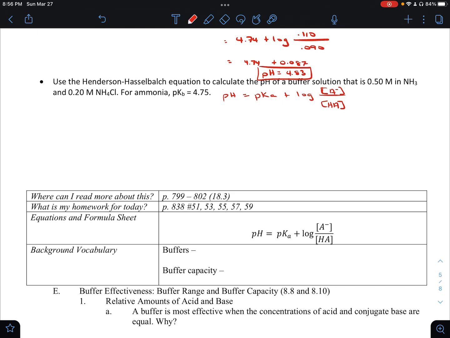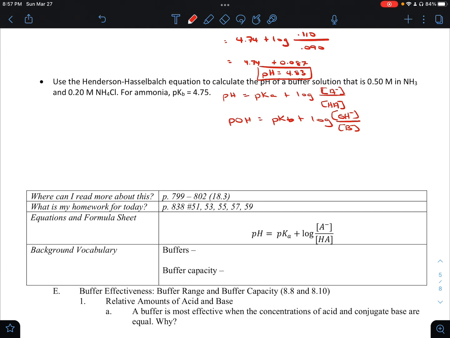We're going to have pOH equals the pKb plus the log, can anybody guess? OH minus, yep, over our concentration of just B. So it's very, very simple. And then from pOH we can get to pH.